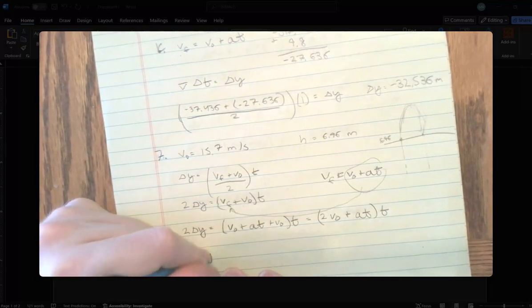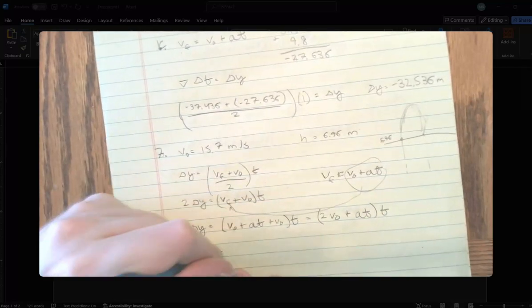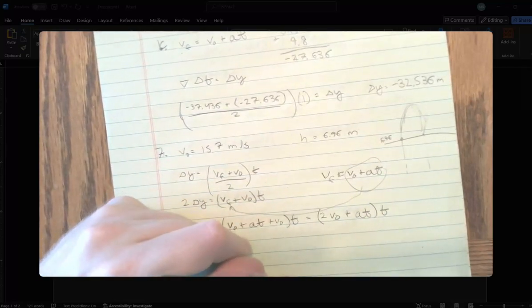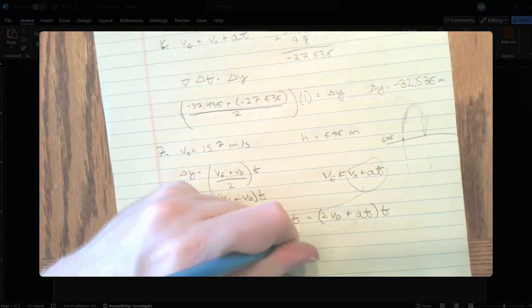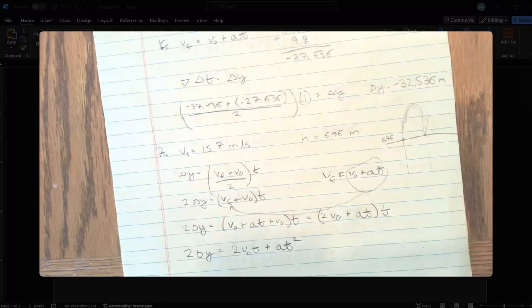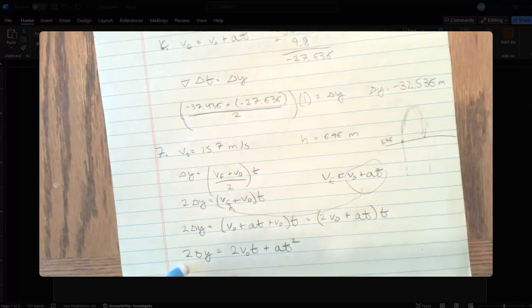So in this case, we have 2 times delta y is equal to 2 times my initial velocity times time plus my acceleration times time squared. All right. So now I'm going to plug a few things in.